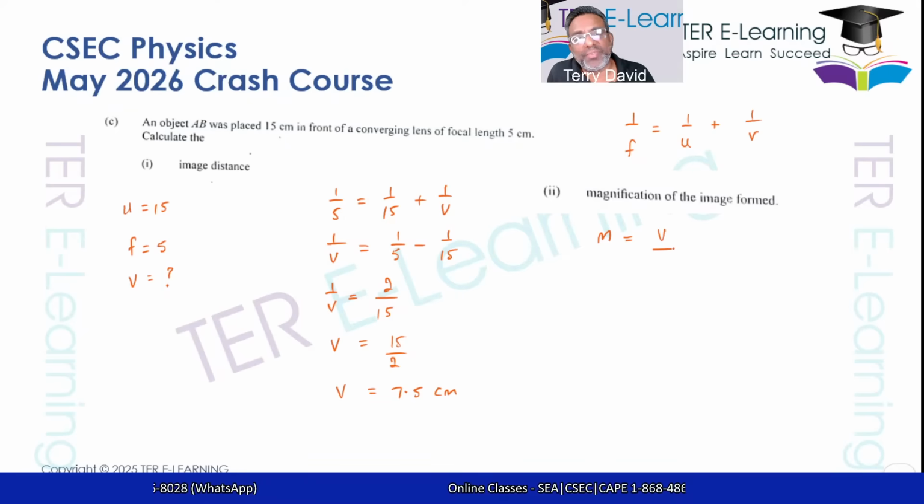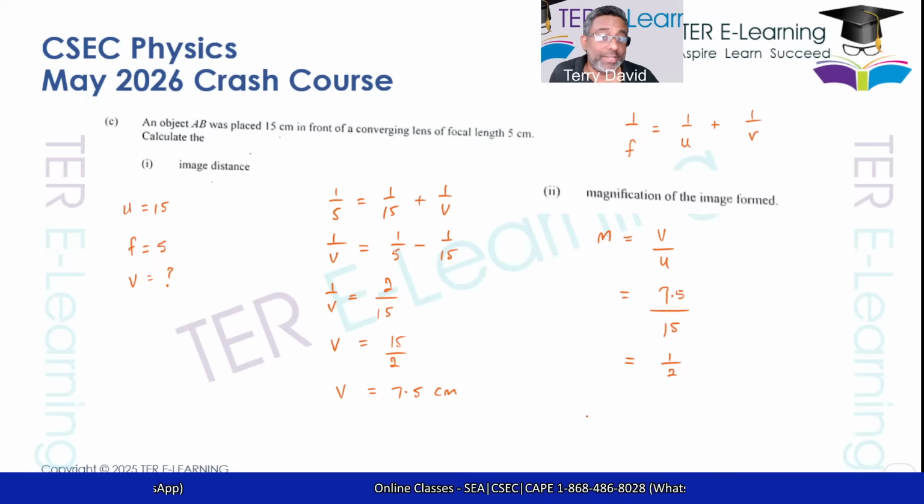Magnification is simply going to be V over U. V in this case here is 7.5, and we divide that by U. U is 15. So 7.5 over 15 is going to be a half. Therefore, your image is going to be smaller in this particular case here. So your magnification is going to be a half. Okay, so the piece that you are saying that I missed out is this piece here.